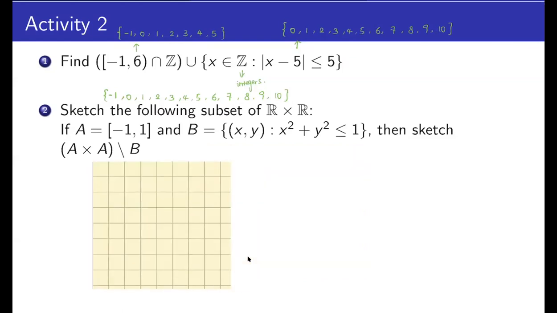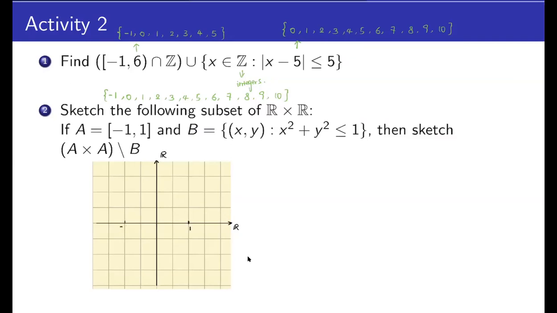Okay. So let's draw it here. This is R. This is R as well. My A is from -1 to 1. So suppose this is 1.